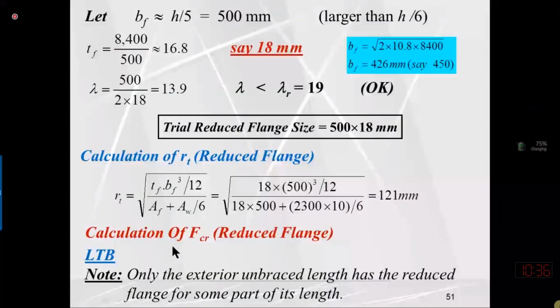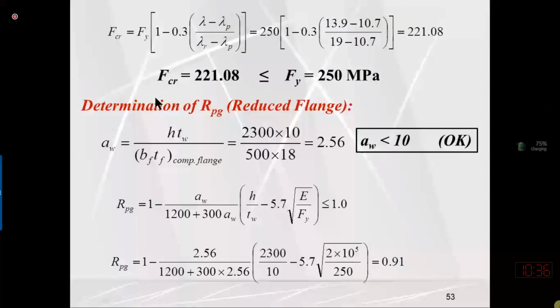This means that our flange is also non-compact with reference to local buckling. So I will determine the FCR value based upon local buckling by using this formula. In this formula, we do not have any CB value. Why don't we have the CB value over here? Because I told you the CB value is only used against lateral torsion buckling.